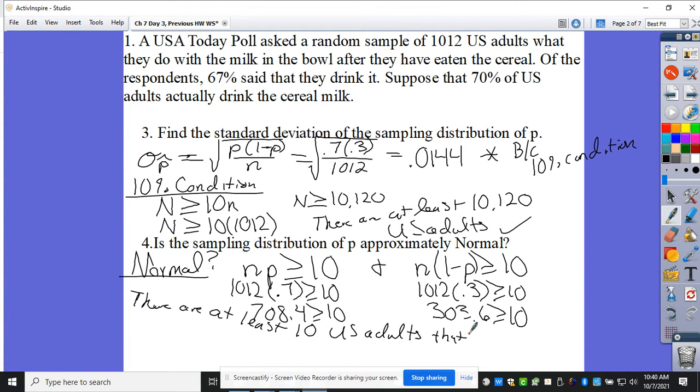That what? That's just word for word for the problem.